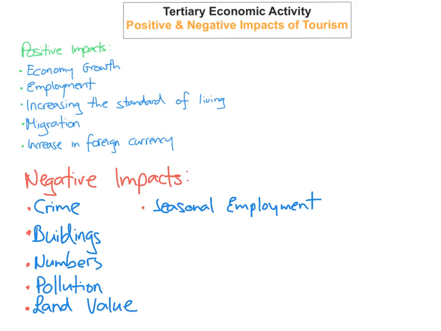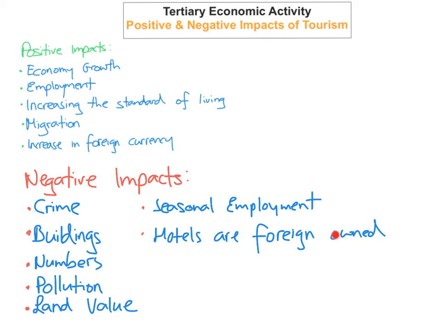And the last one that I'm going to put down for a negative impact is that some of the hotels are foreign owned. What I mean by foreign owned is that people who are not actually from that area or that country actually own the hotels. So then the profits aren't being kept within that country.